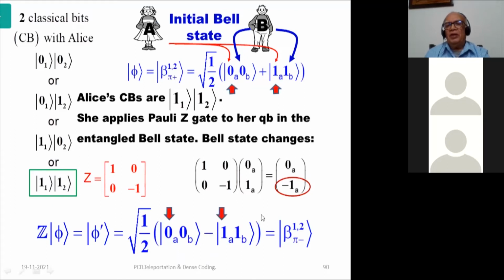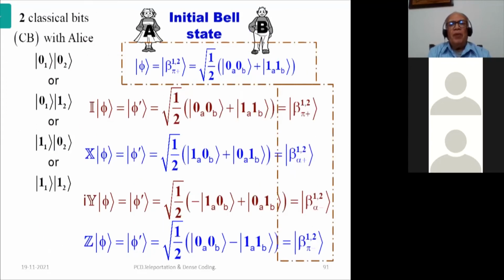Okay, so that is the change of phase that she has achieved. And this is the information which is now coded in the Bell state, because the original Bell state is now transformed to a different Bell state. So let us compile this information, consolidate that together.